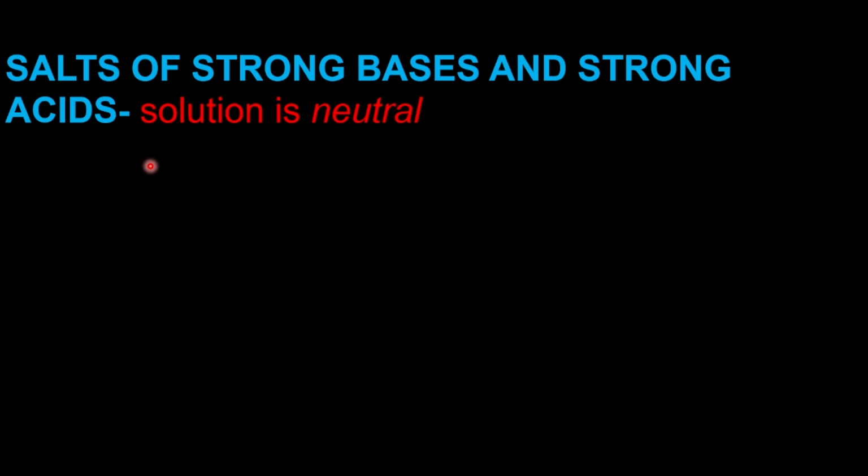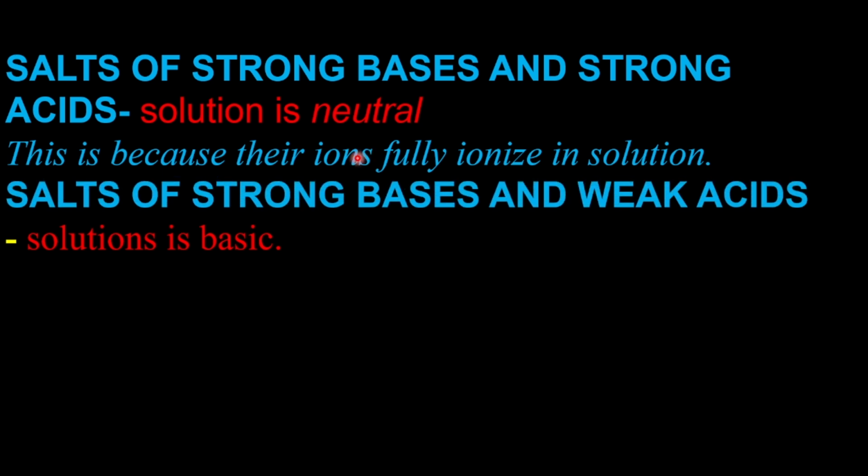So the first point here is saying that salts of strong bases and strong acids, when they combine, the solution is neutral. So when, let's say, you have HCl and you have NaOH, at the end you have a neutral solution. Now let's look at the second one.